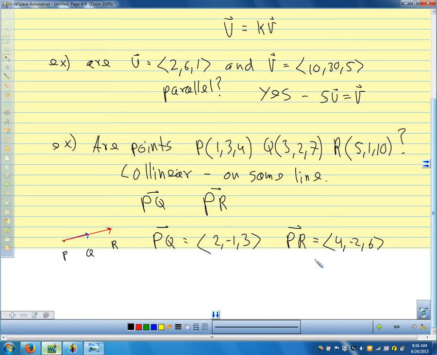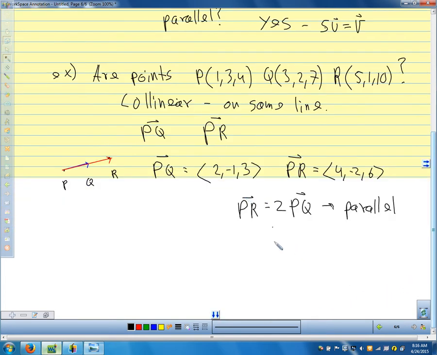Are they scalar multiples of each other? What's our multiple? 2. PR equals 2PQ. They're parallel. So the lines are collinear, or the points are collinear.